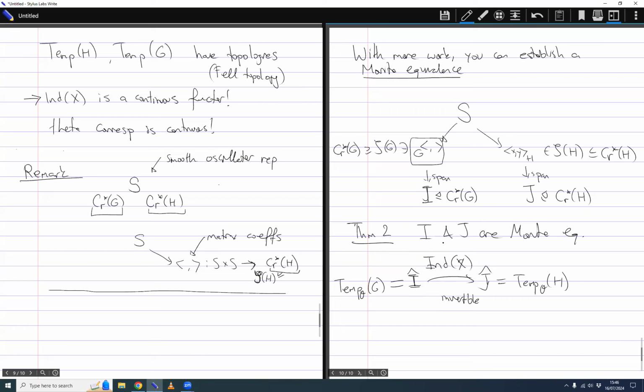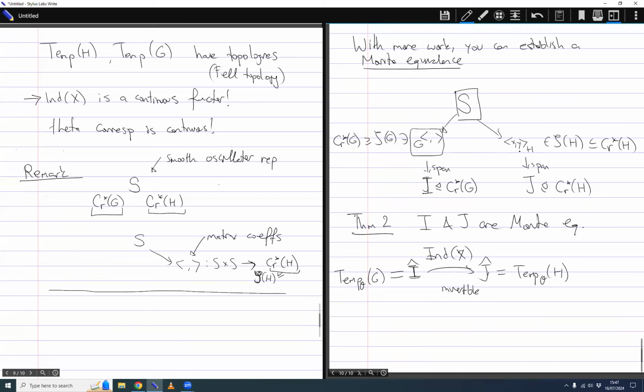So the C-star bimodule that we cook up from the oscillator representation is an invertible functor going between the representation categories of these two algebras.